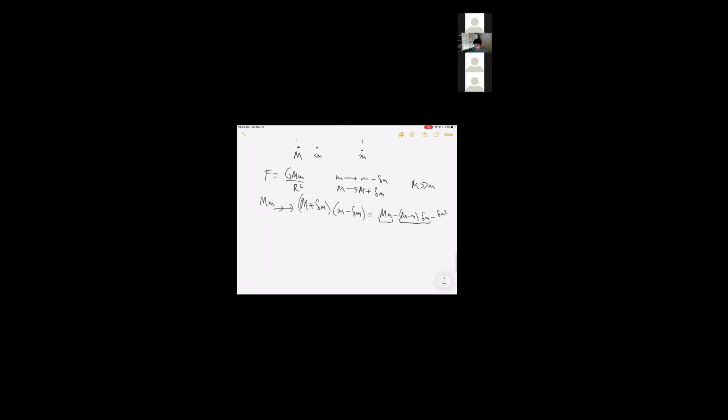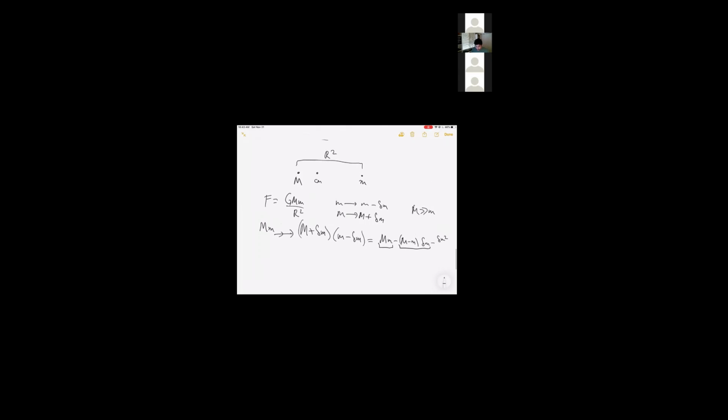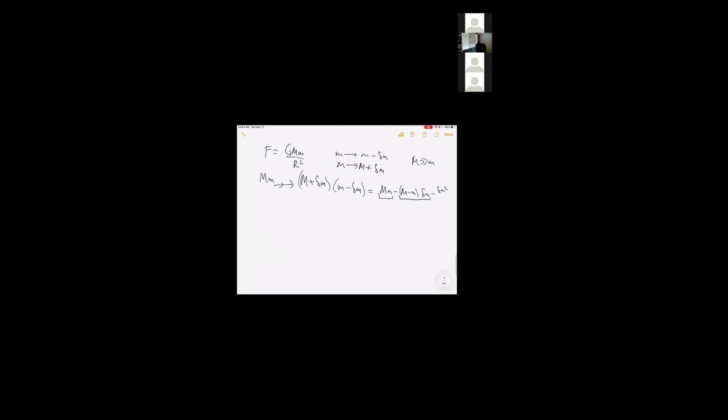Okay. So now we have to find the total angular momentum of these two objects about the center of mass. Let's do this right now. Because this is the center of mass, these distances are chosen so that they sum to r, and that's just the definition of the center of mass.